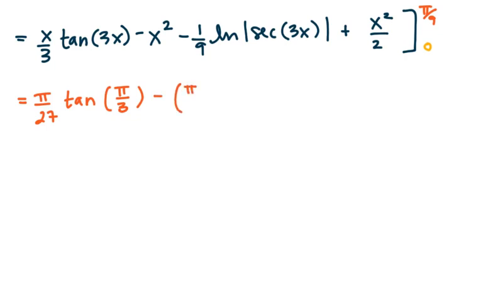Minus pi over 9 squared. That's going to be pi squared over 81. Minus 1/9 times the natural log of the secant of 3 times pi over 9. 3 times pi over 9, that's going to be pi over 3.